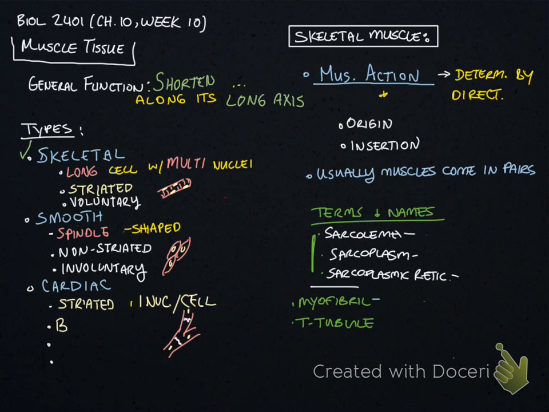They're branched and connected by these special structures called intercalated discs. It helps one muscle cell communicate with the next muscle cell. And if you think about this, do we think to contract our heart, which is made up of cardiac muscle tissue? The answer would be no, so we deem this involuntary.